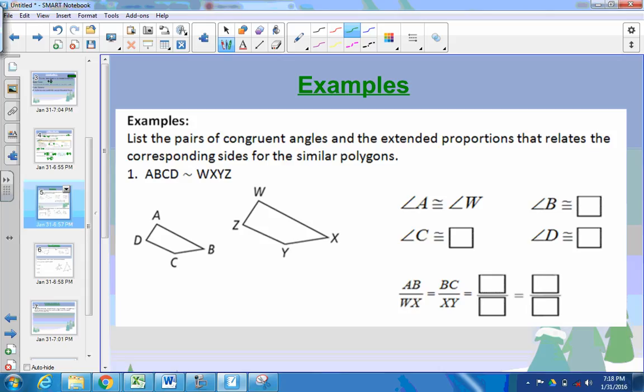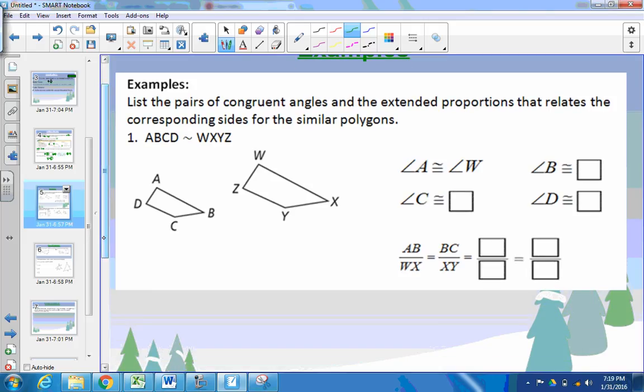So, a couple examples. This first part says, list all pairs of congruent angles and the extended proportions that relate to corresponding sides for the similar polygons. So we know that polygon ABCD is similar to WXYZ.